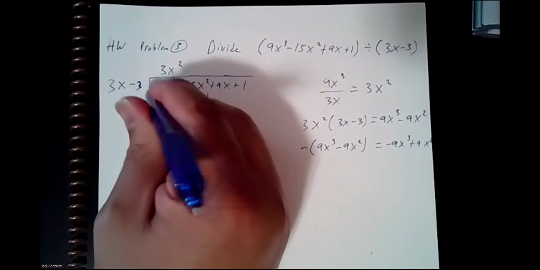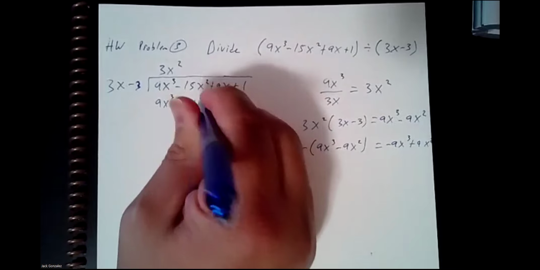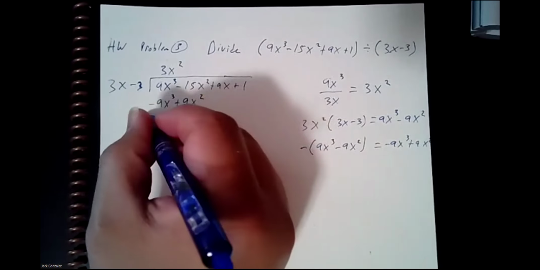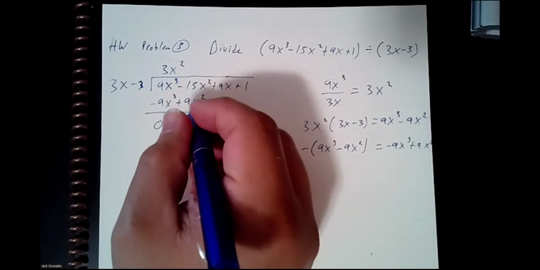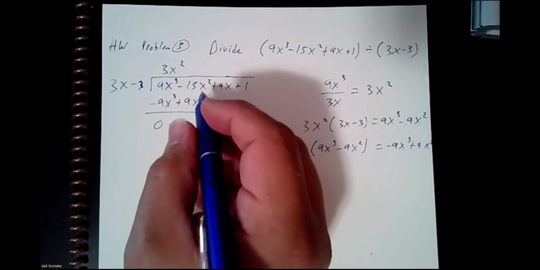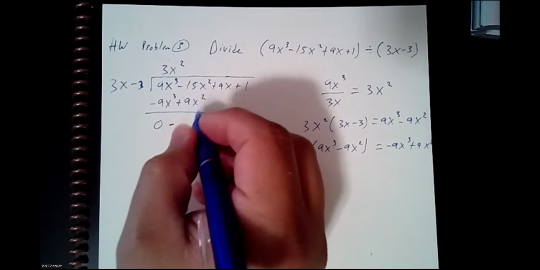So that's why this becomes plus. And that's why this becomes minus. And then subtract. 9 minus 9. Negative 15 plus 9, that's a negative 6.